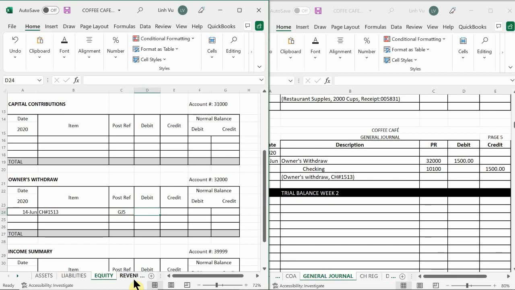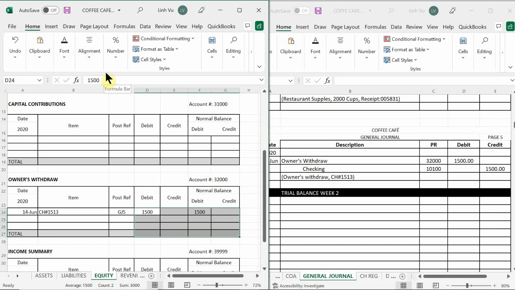And because it's a debit, therefore it's 1500. Now, this is confusing, because if we know what owner's withdrawal does, it decreases the equity account, which is true. How do we increase equity? We increase it using a credit. So this is a contra account, owner's withdrawal, which will go against our equity.